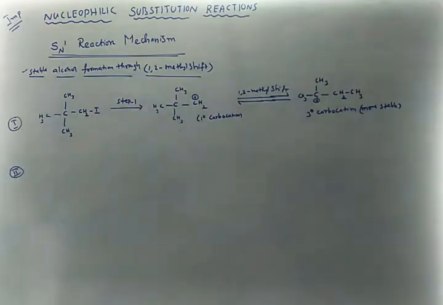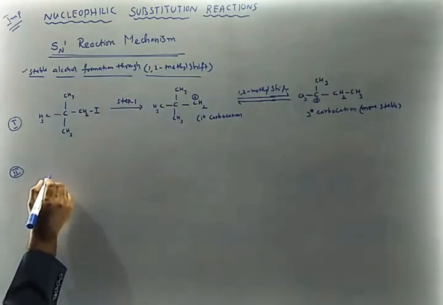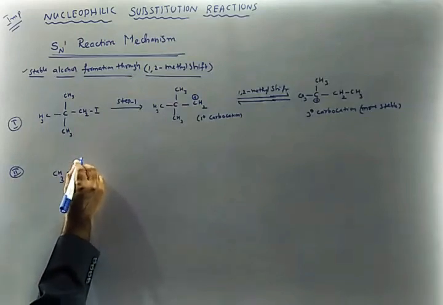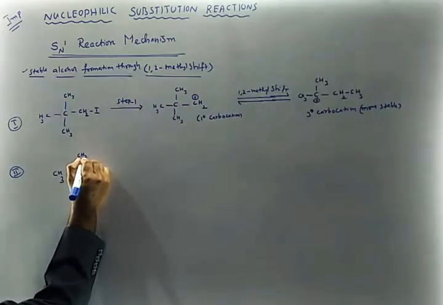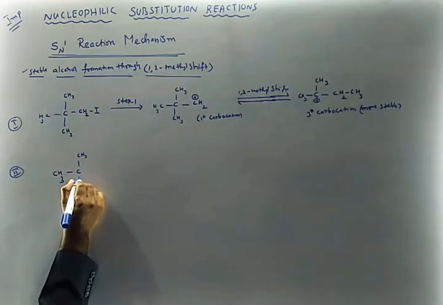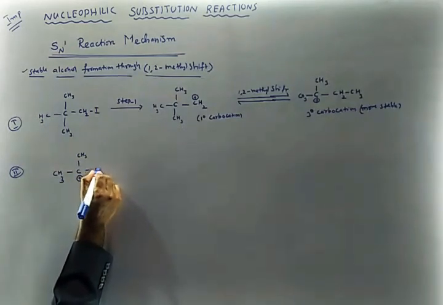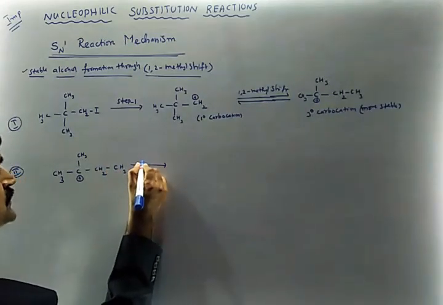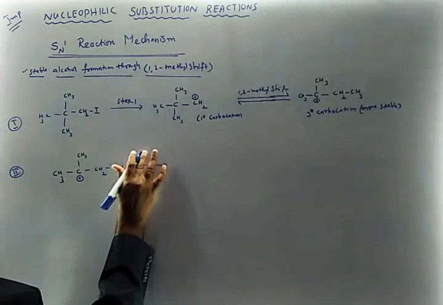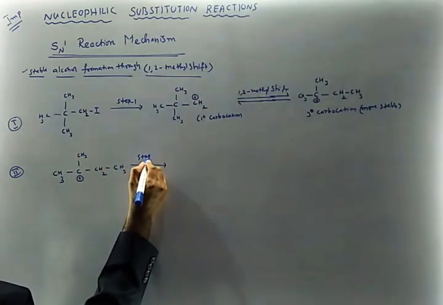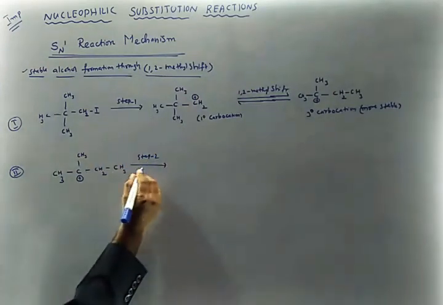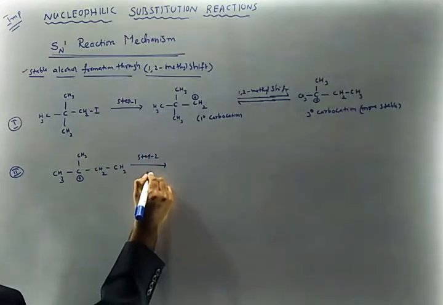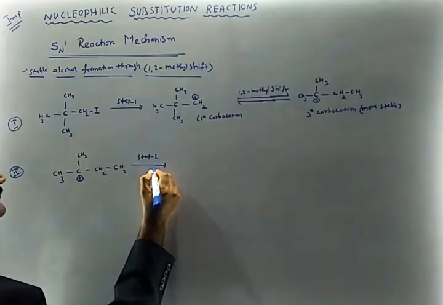Let us see the second step. As you know, this is nothing but attack of the nucleophile. Now the nucleophile can easily attack this stable carbocation to give a stable alcohol. That is CH3, CH2 positively charged, CH3. What is step 2? Step 2 is nothing but attack of the nucleophile, that is OH minus.